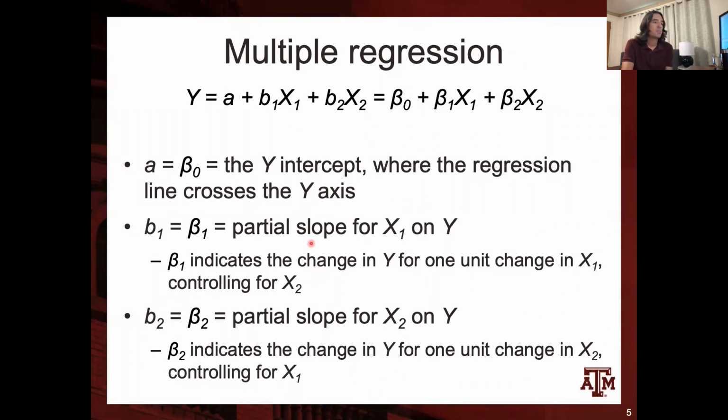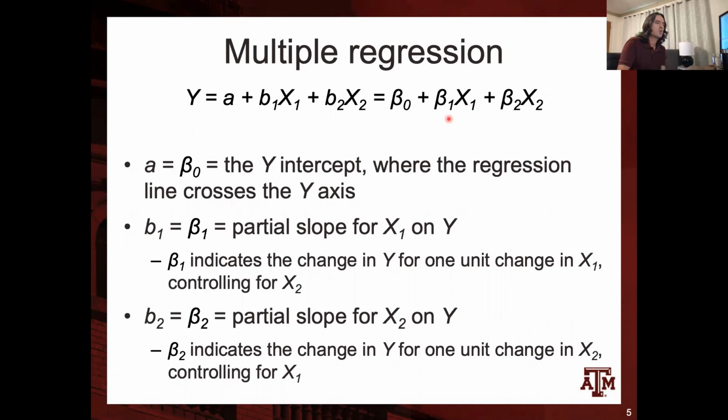Beta 1 is the partial slope for x1 on y, and beta 1 indicates the change in y for a 1 unit change in x1, controlling for x2. So if we change x1 by 1 unit, it will change y by beta 1 units, controlling for x2. And beta 2 indicates the change in y for a 1 unit change in x2, controlling for x1.